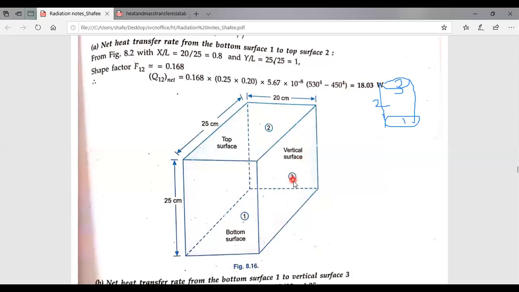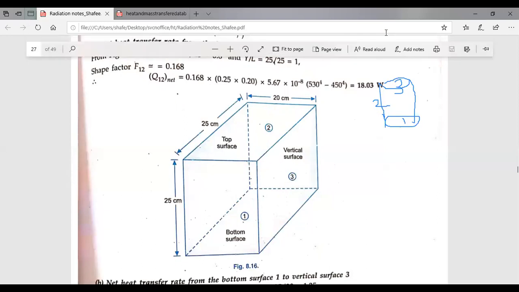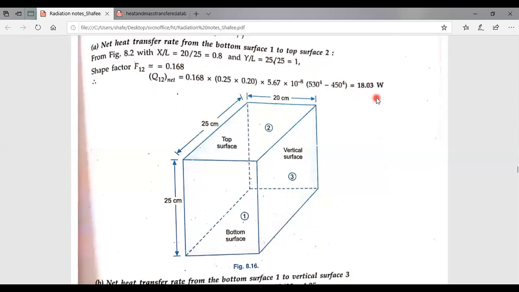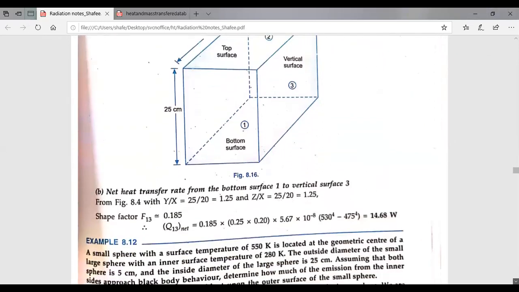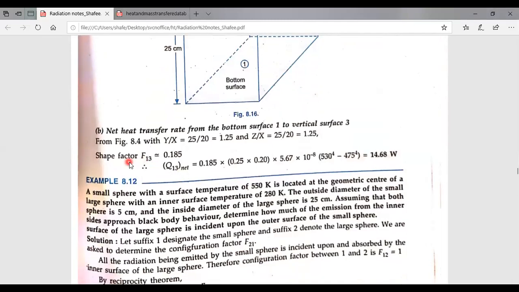As I said, the previous charts show how to find the shape factor for perpendicular rectangles as well as parallel rectangles, separately. For 1 to 2 you just see x by L, y by L, so I can find Q12 net. And 1 to 3 is a perpendicular surface, so using the perpendicular surfaces chart, I can first find F13, and then Q13.